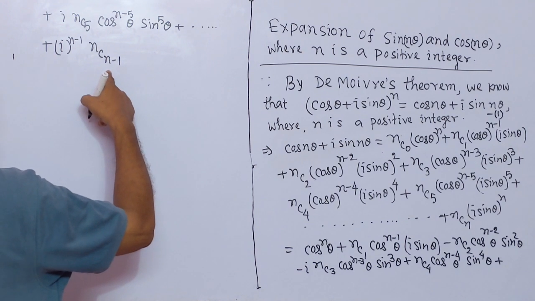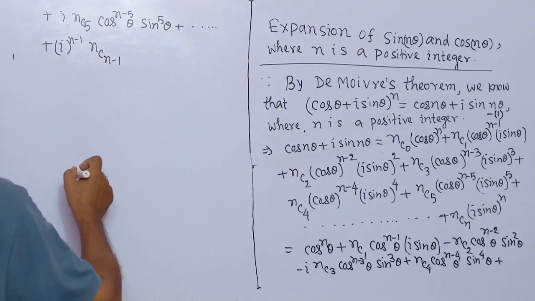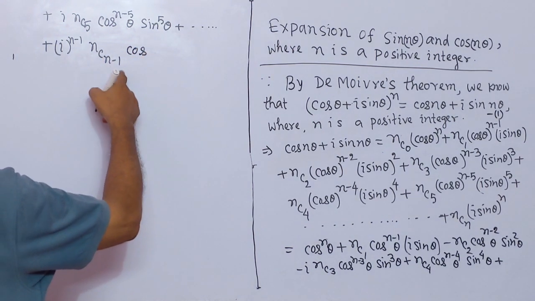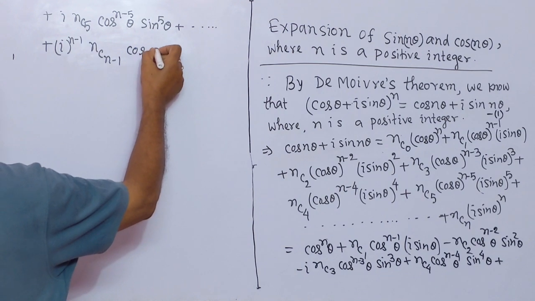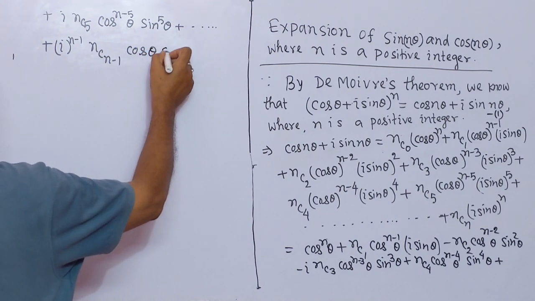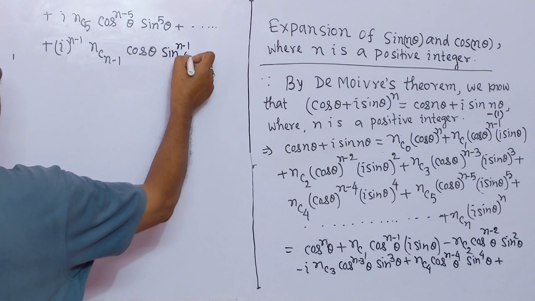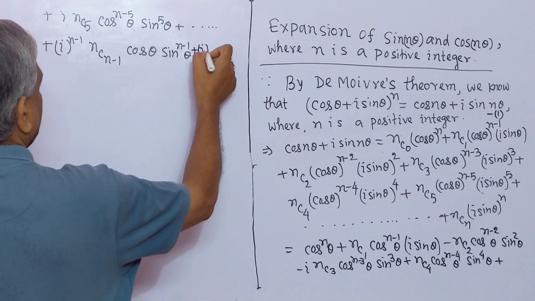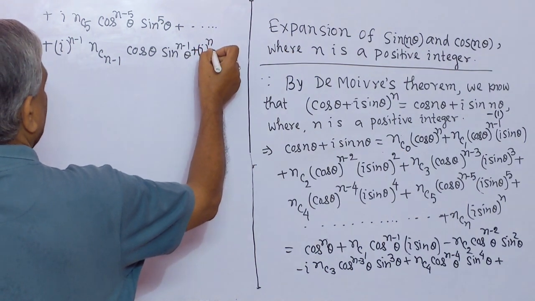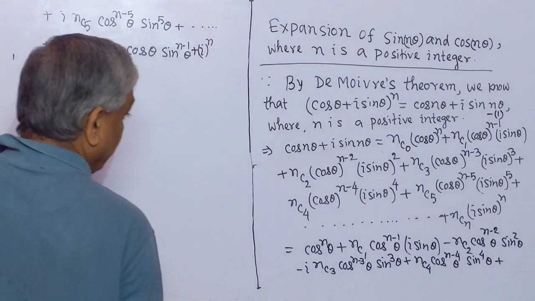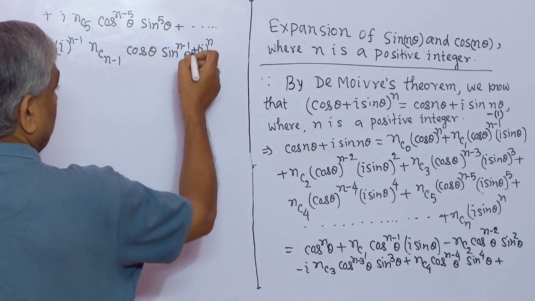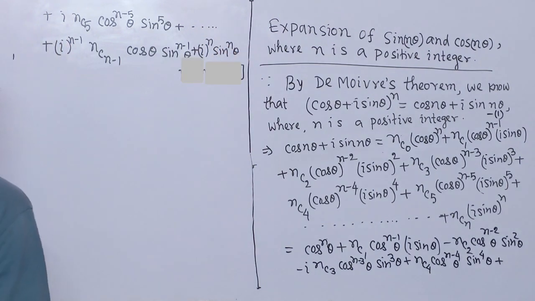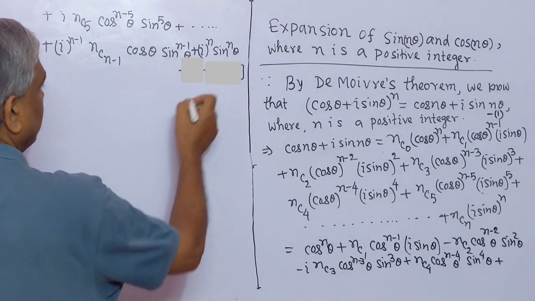This value is equal to nC1 and cos to the power n minus 1, that is cos theta sin to the power n minus 1 theta, plus i to the power n nCn means 1, and we get here sin to the power n theta. Let this be number 2.